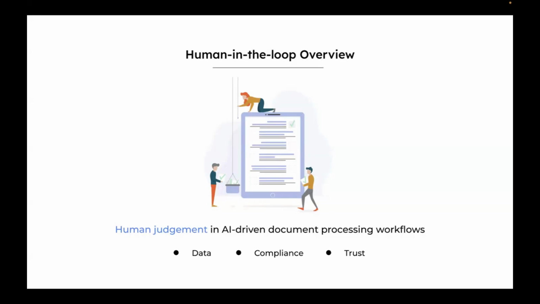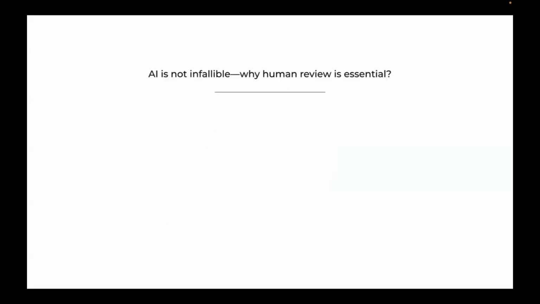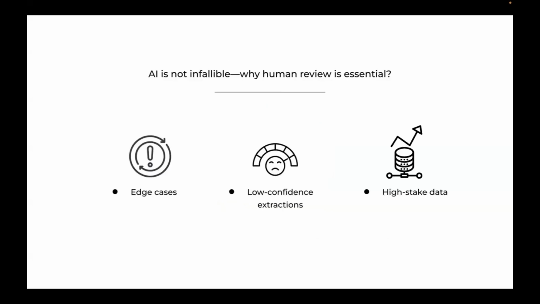Now, AI today can automate a lot, and it is only improving at a rapid pace. But again, AI is not infallible. And that is why human review becomes essential. There are still edge cases, low confidence extractions, and high stakes scenarios in document extraction, which are just way too important for it to go wrong. And that is where human review becomes essential.